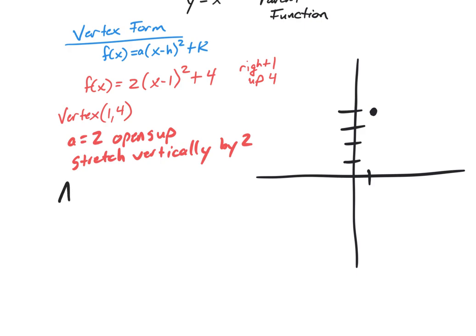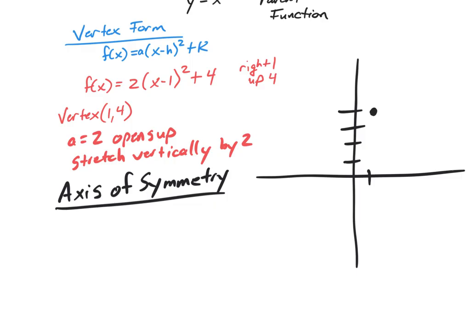The axis of symmetry is another main focus of today. The axis of symmetry is always going to be a vertical line, and it's going to come right down the middle of the graph. It's going to split it in half.